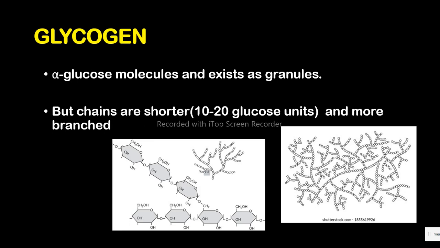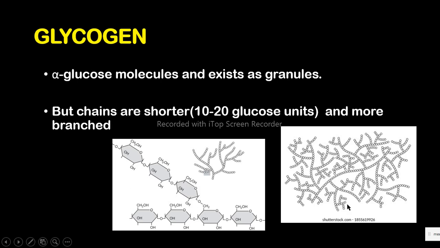Otherwise, you would just store 20, 30 glucose molecules and the cells are full, and you have no glycogen granules to store the glycogen. But because of high branching, you store enough in the little space possible.